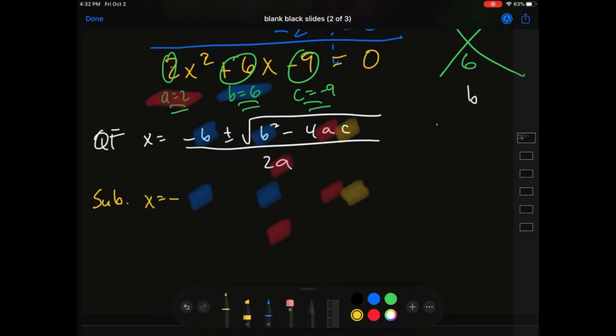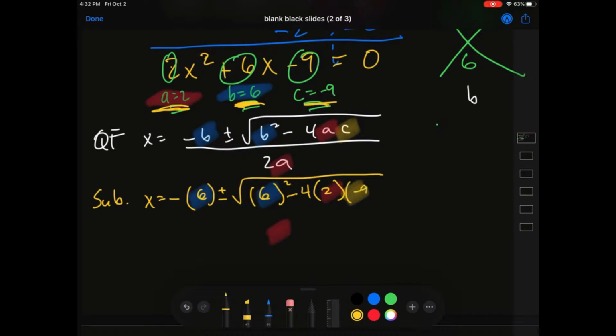X equals negative, my B value is 6, plus or minus the square root. Again, my B value is 6 squared minus 4 times A, which is 2, times C, which is negative 9, all over 2 times the A value, which is 2.